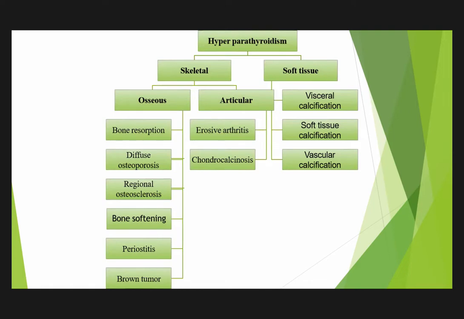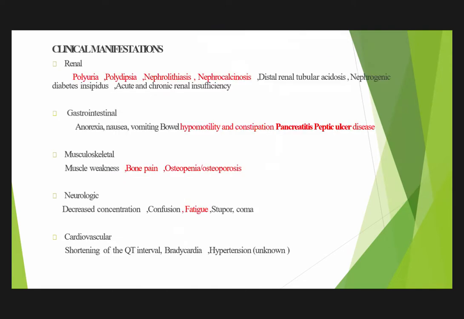calcinosis, but of soft tissues, visceral calcification. This calcium is removed from the bones, but in blood the calcium level is high, so calcium will accumulate in tissues where it should not be present, usually soft tissues. Other clinical symptoms include renal stones, kidney stones.